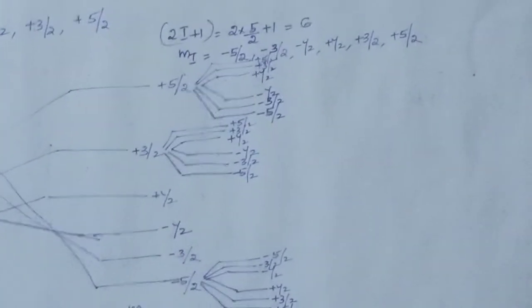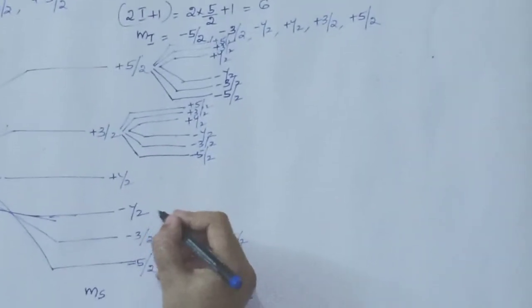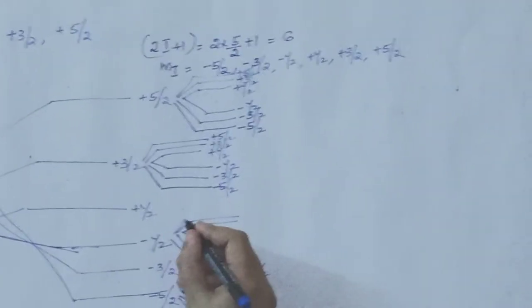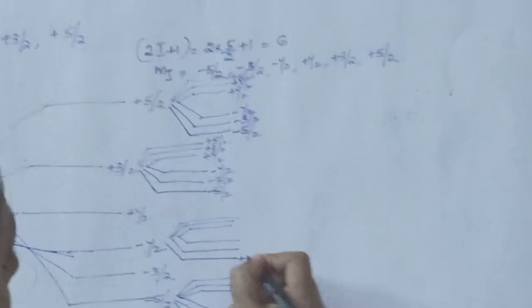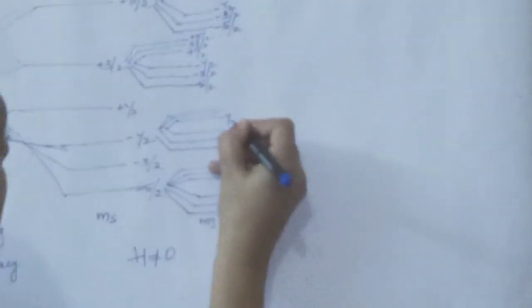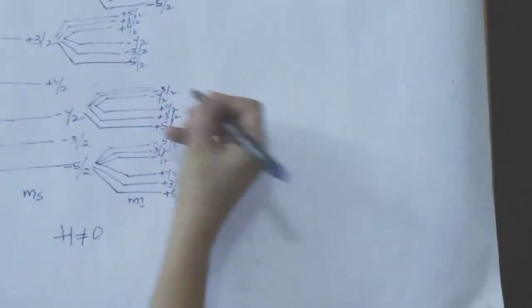Here, in the negative value case, ms is equal to minus 1/2. I will take one more example so that you will understand. It will be plus 5/2, plus 3/2, plus 1/2, minus 1/2, minus 3/2, minus 5/2.